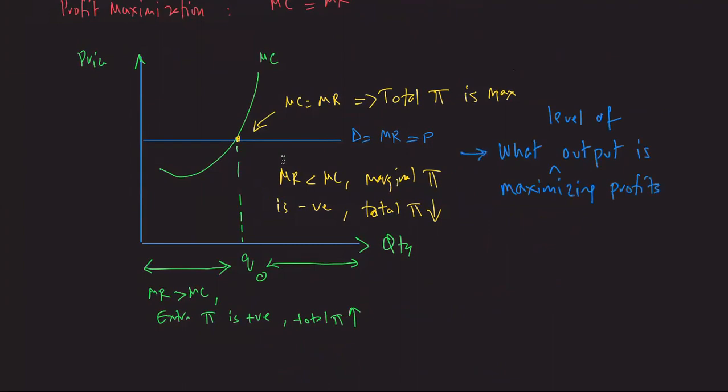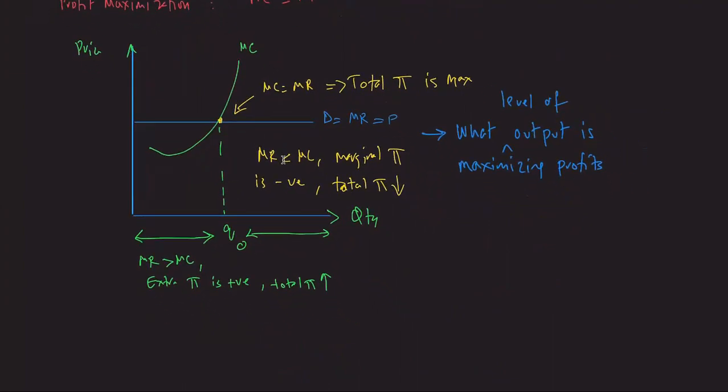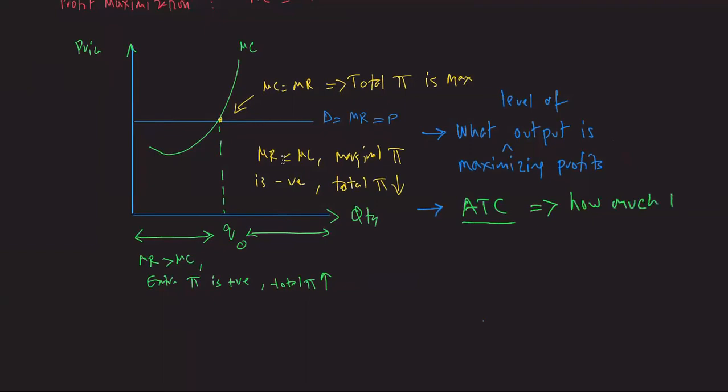Once we know this, then we talk about, okay, now that we know that Q naught is maximizing our profit, then comes the role of ATC. ATC will tell us how much profit. We know the equation for profit is revenue minus cost.